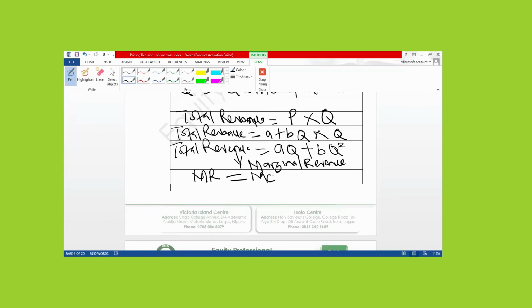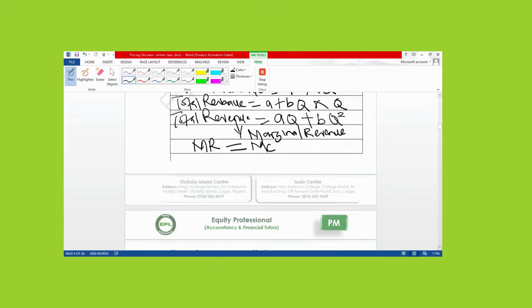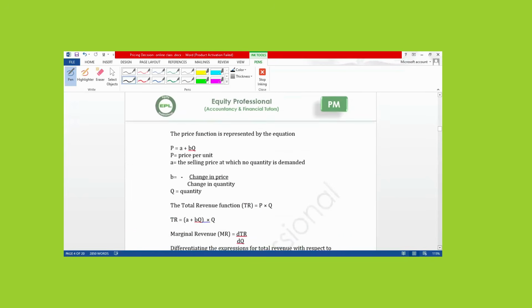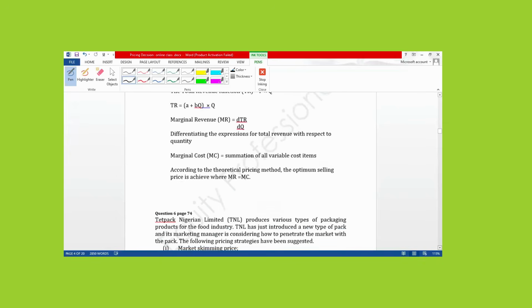So go to your study kits. Somebody says it's not study park, it's study kits. Please go to page 76, question number 6.